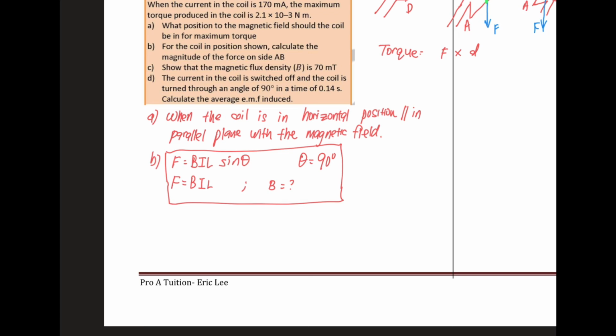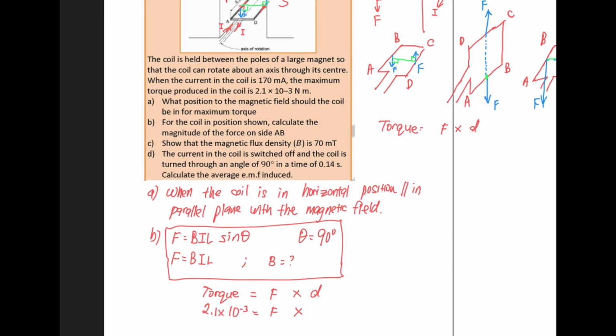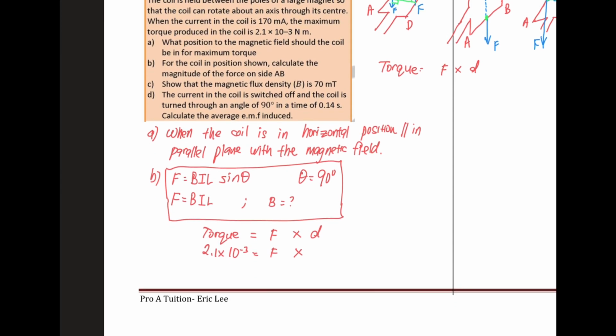Let's use the torque formula. Torque equals force times perpendicular distance. The torque is 2.1 times 10 to the minus 3. The force will be the same, just for your information. The force on AB or CD will be the same value. They ask for the force on side AB, but the force on CD will be that value also.